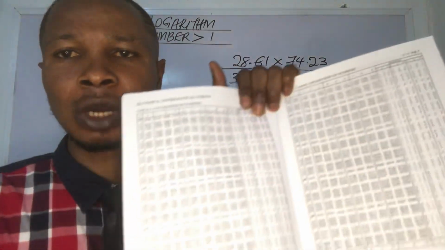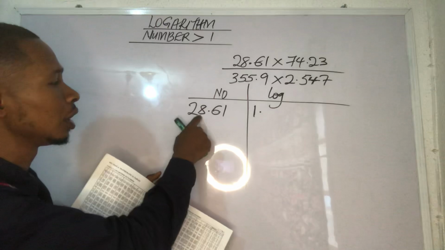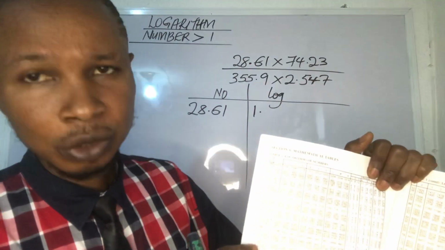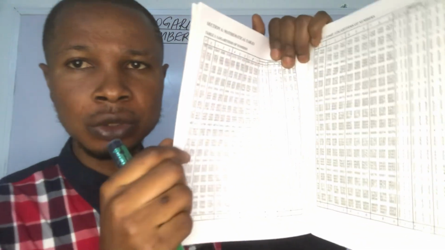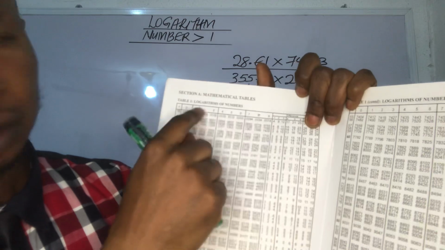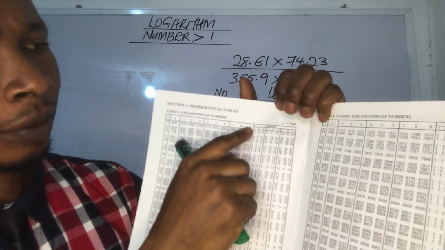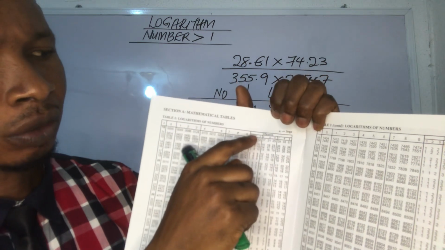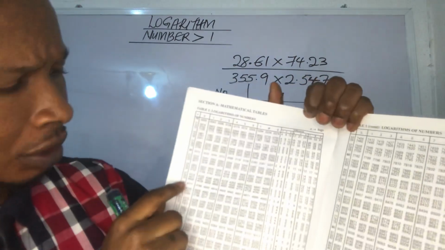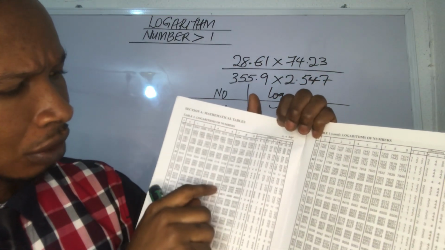You check 28 under 6, this place of x, that's where you get your 28. You have columns from 1 to 9, and you have differences also from 1 to 9. So you check 28 under 6.